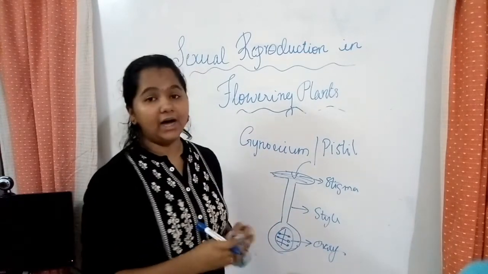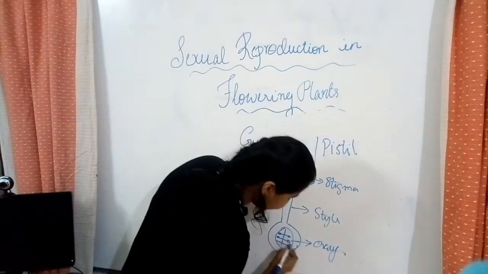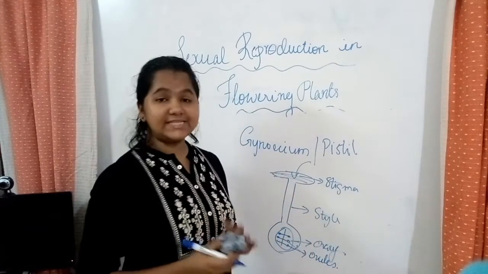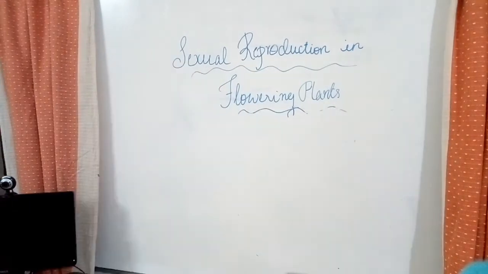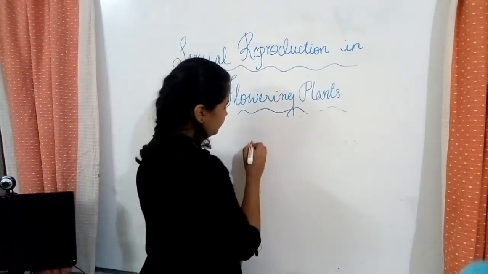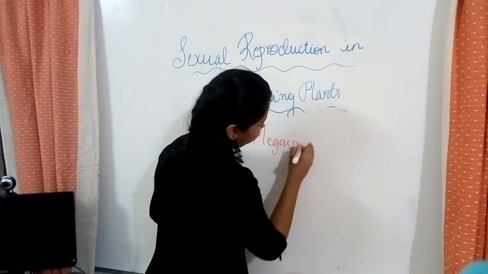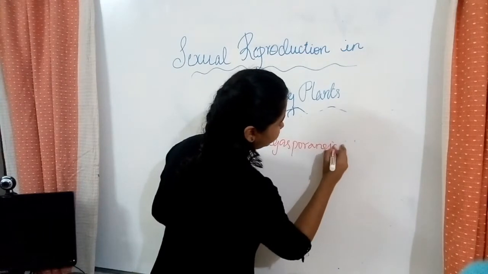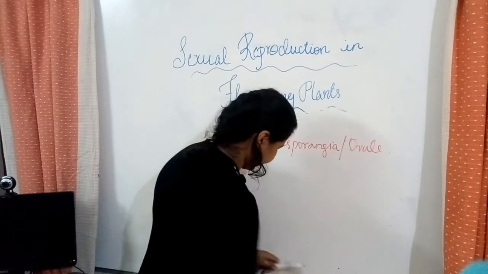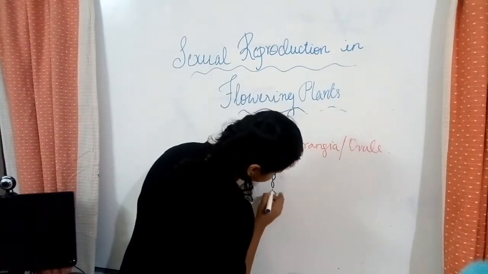Now we'll see how an ovule looks. I told you the ovary has structures known as ovules. So let's see each structure. The megasporangium or the ovule. The rough diagram goes like this.